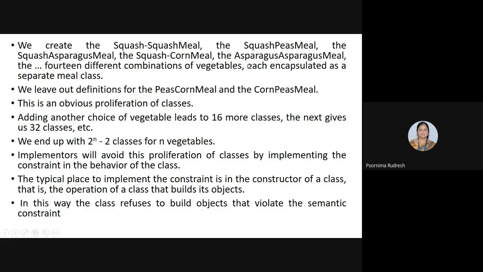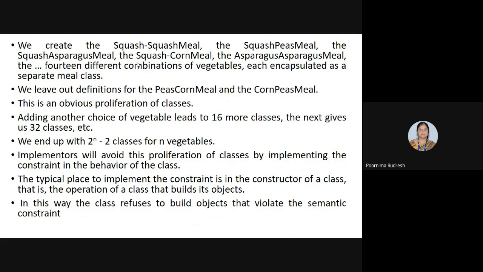Similarly, if we consider the asparagus as the first combination, along with that we can have one more asparagus or the squash or the asparagus peas meal, like that. Next, we are considering the corn. So corn will be the first vegetable. Along with that, we can have the second vegetable also as corn. That becomes one class, corn meal. And the second one is corn squash meal.